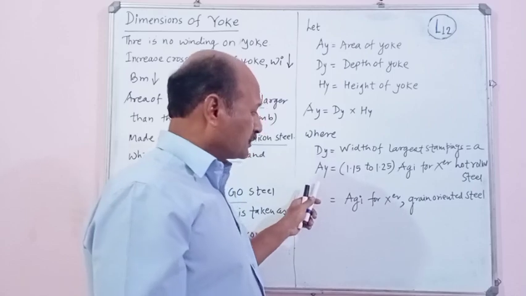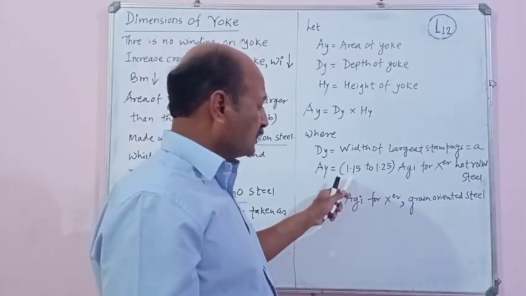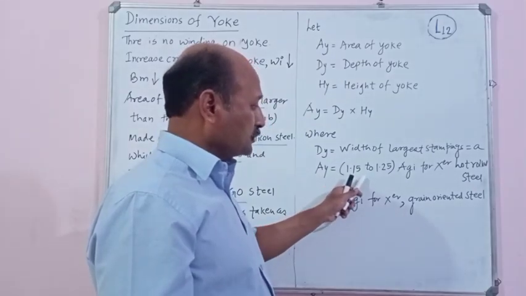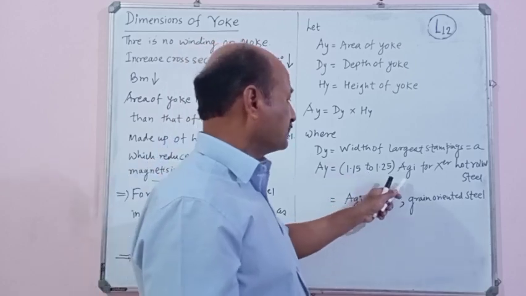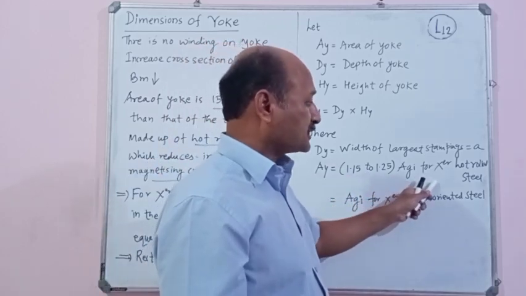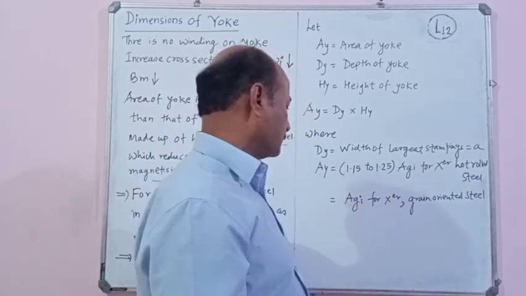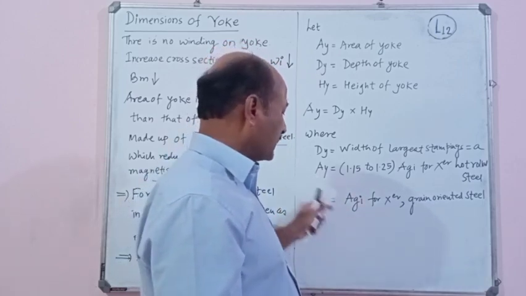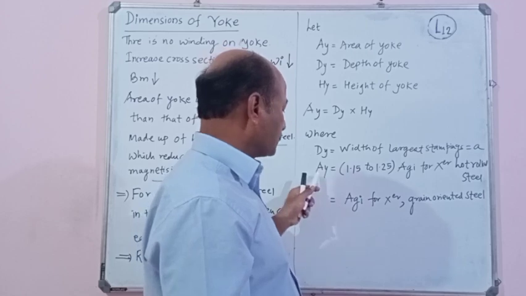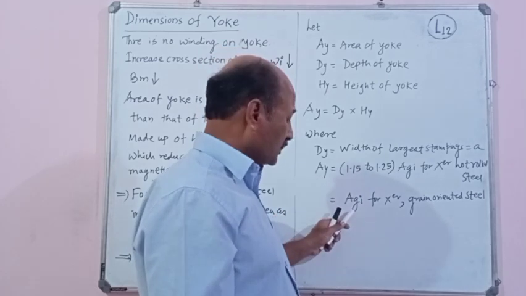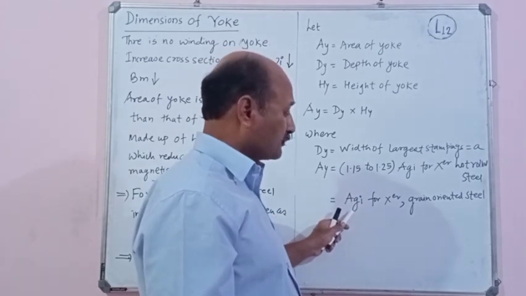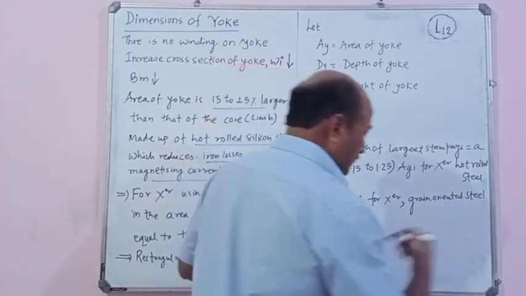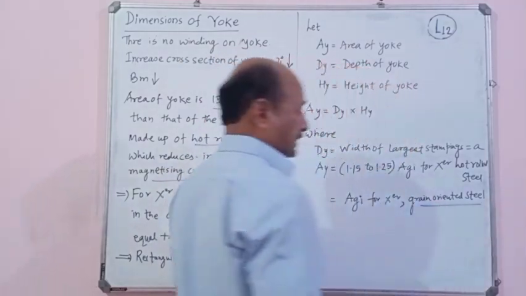The area of the yoke is 1.15 to 1.25 times AGI for the transformer with hot rolled steel, whereas AY equals AGI, that is, the area of the yoke equals the gross area of the iron, for the transformer made up of grain oriented steel.